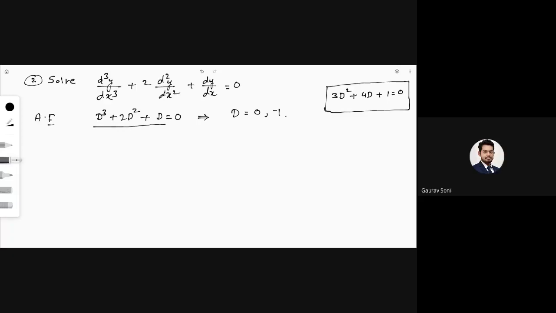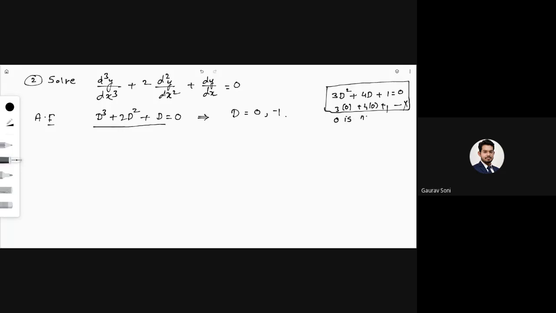This is the standard technique. Whenever you have to check which root is repeated, you take the derivative and put the root in it. If I put 0, then 3 into 0 plus 4 into 0 plus 1. Is the equation satisfied? No. So 0 is not repeated.